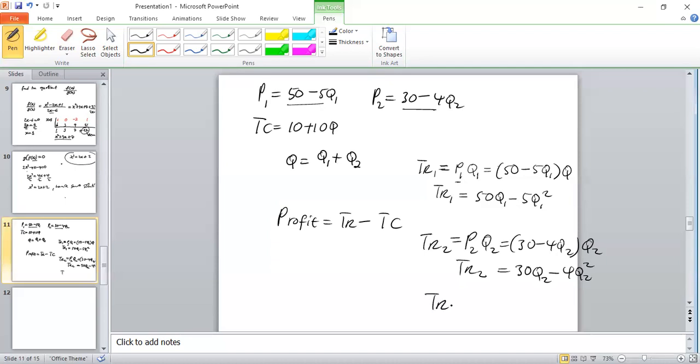Now the total revenue is total revenue 1 plus total revenue 2. We had both the total revenues, so it is this plus that.